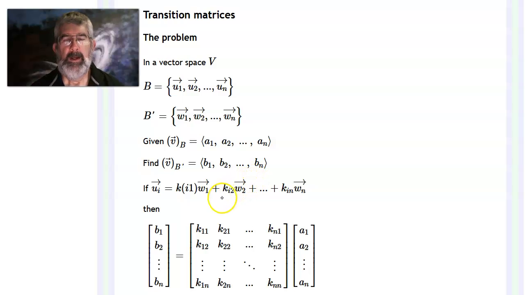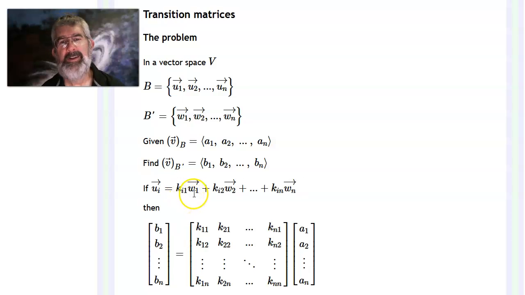Now, if we happen to know that all of the ui's can be written as the w's, so we know that ui is k sub i1 w1 plus k sub i2 w2 plus all the way up to k sub in wn, then I know that I can convert to the b's by multiplying my coordinates with respect to the first basis times this matrix.